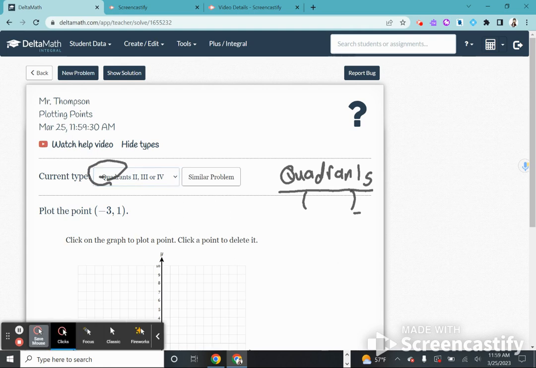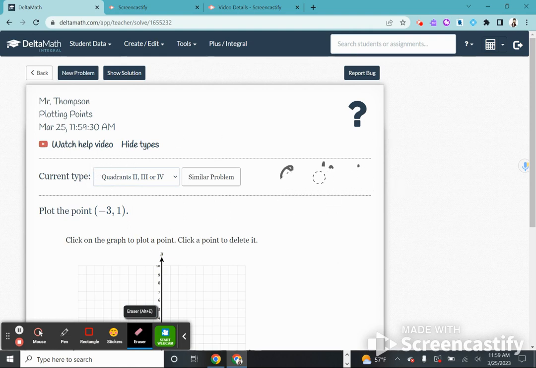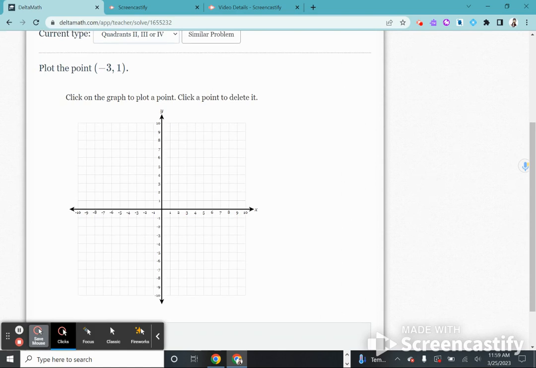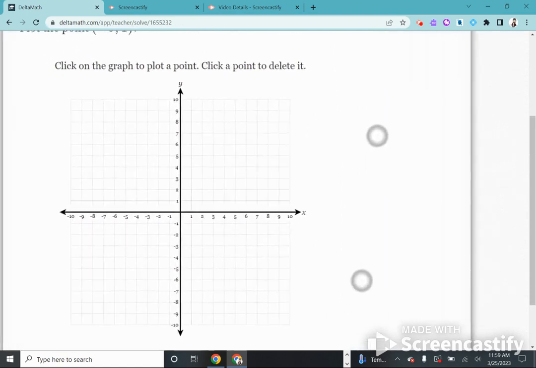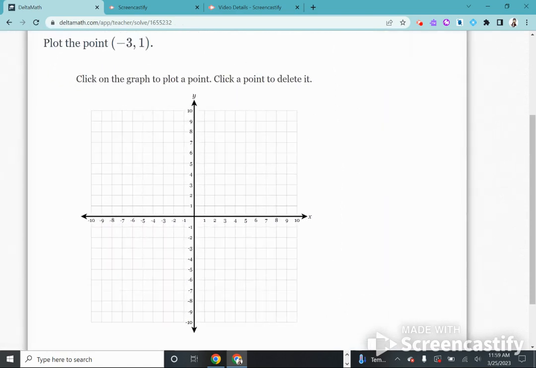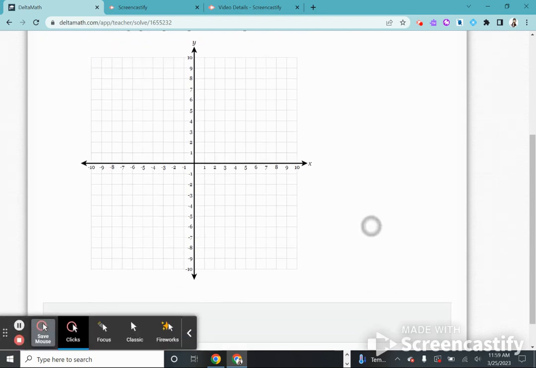Okay, so now we're talking. I'll just get this stuff out of here and we'll take a look, okay? So our point is at negative 3 and 1.